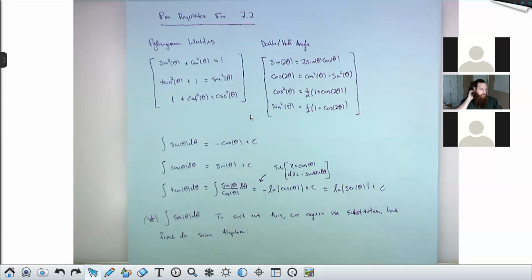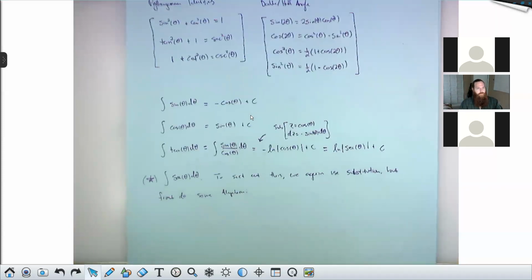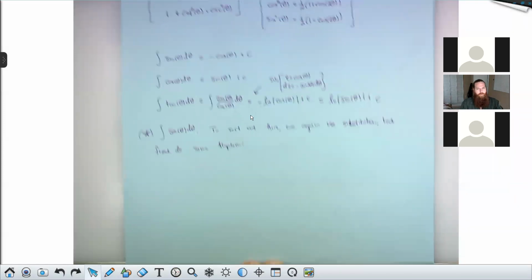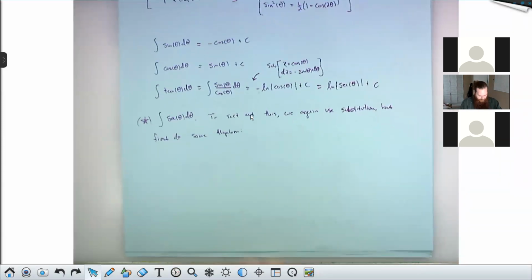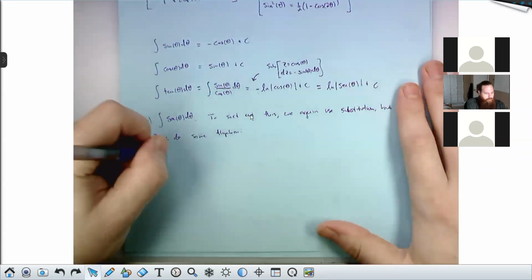The clever algebra that we need to integrate the secant function, and we should have seen this before, I know I did this in my Calc 1 class at the end: you multiply by secant plus tangent over secant plus tangent. You multiply by 1 in that very strange form.